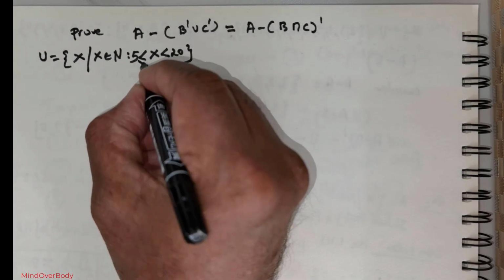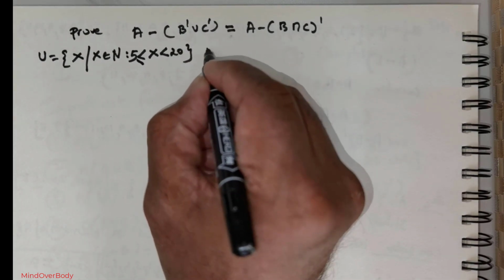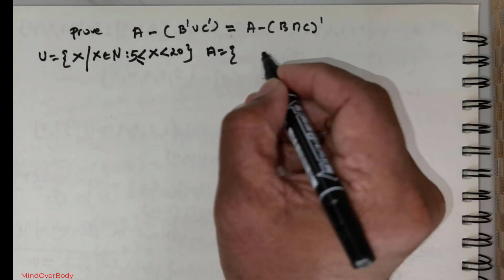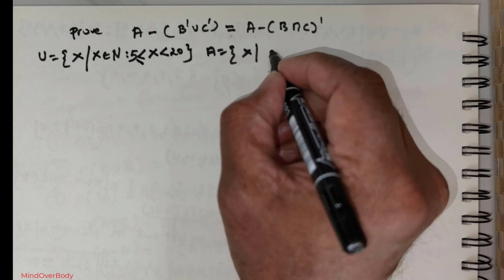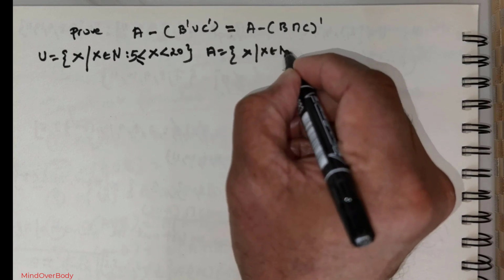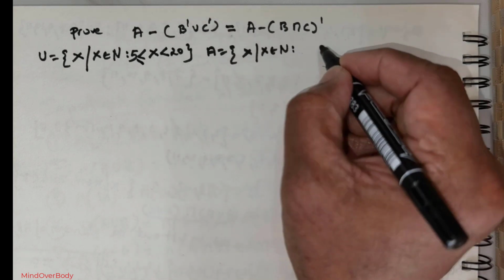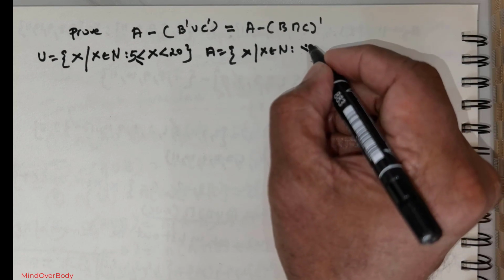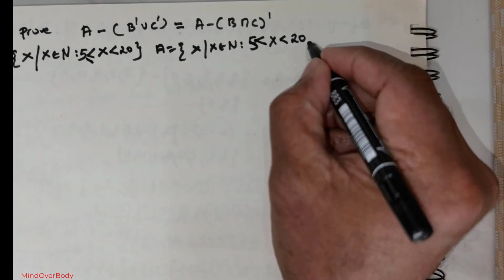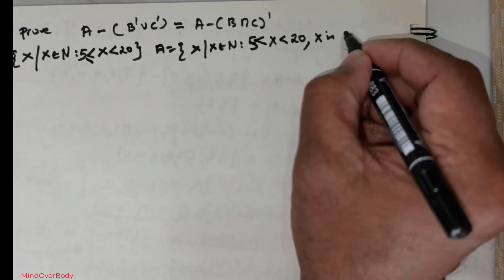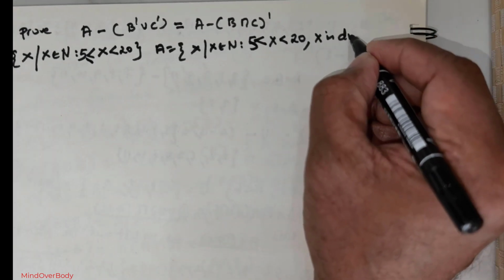Probably I will give a lesser than equal to sign there. And we got the set A. Set A is all X such that X is an element of natural number, that is obvious, and X is lying between 5 and 20, and that X is divisible by 3.